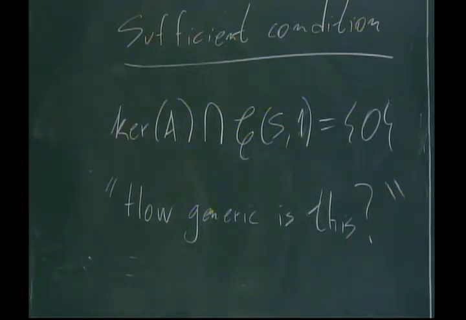We had this concept of a generic matrix, meaning that any n columns were linearly independent. And we said the set of matrices that are not generic is a set of 0 measure under Lebesgue measure. So if you take any probability measure on matrices that's absolutely continuous with respect to Lebesgue, the probability of having a non-generic matrix is 0.